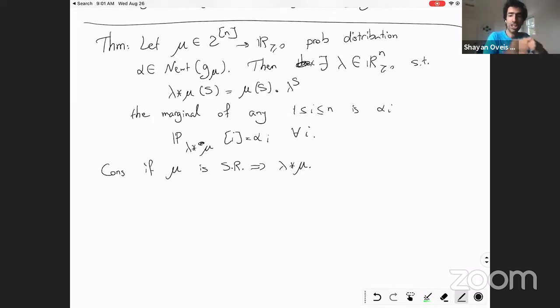I can change the distribution just by an external field, nothing more. I can turn it into another distribution which has alpha as the marginal. Furthermore, the new distribution is still strong Rayleigh. So you have all of the previous properties of real stable and strong Rayleigh distributions that we talked about. In addition, you have the ideal marginal vector. Okay, so that's what this theorem says.